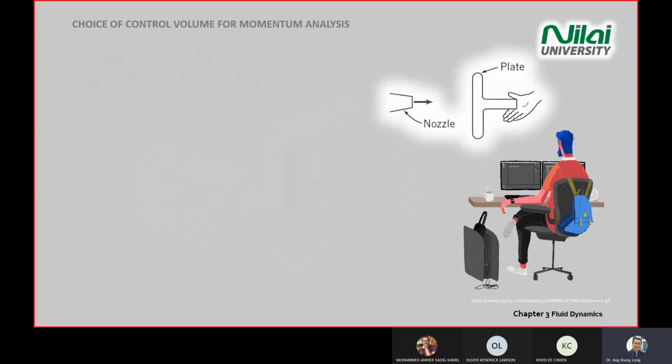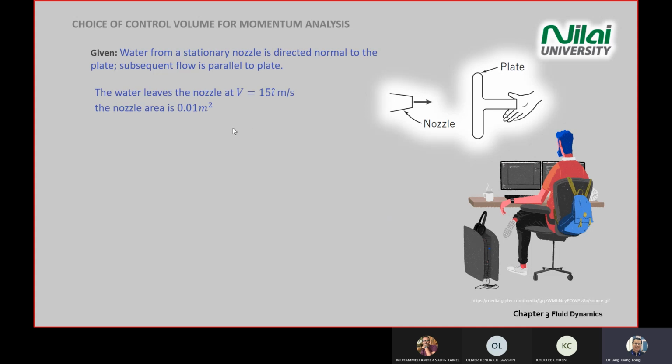Now this kind of question is quite straightforward, where you pull out all the known parameters from the question itself. In this case, you have a nozzle and plate, and since we deal with vectors, you write all the quantities, for example velocity, with the direction, the unit vector.